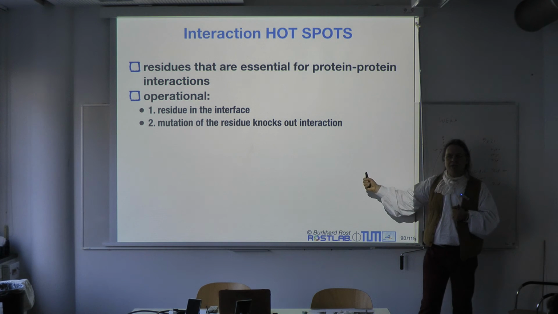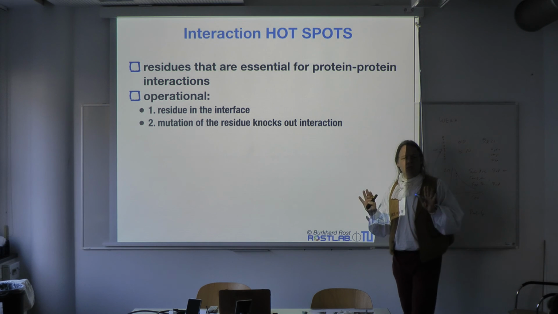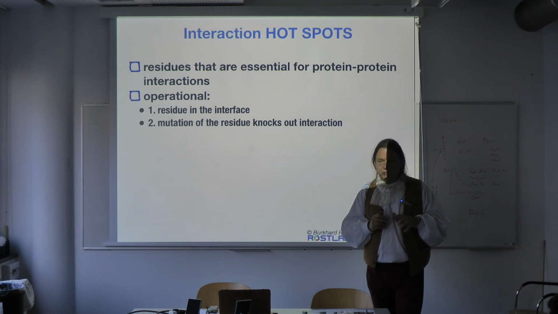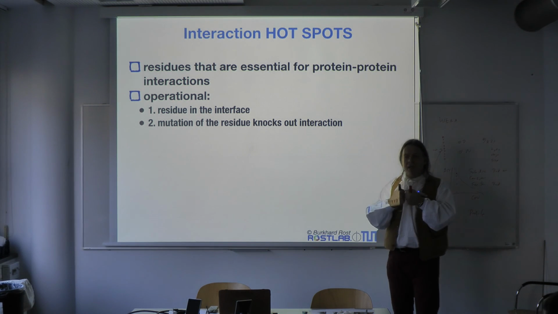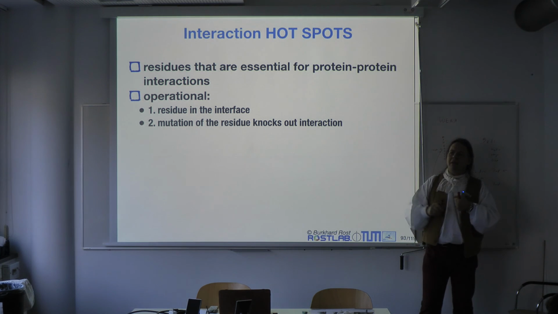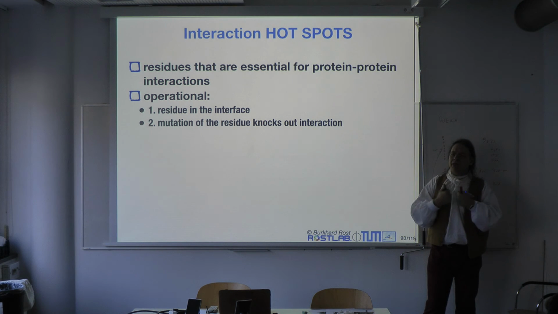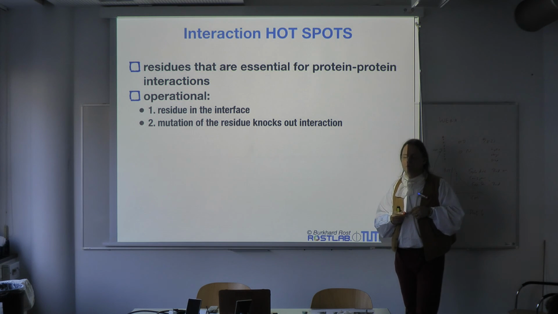And in some of those cases, something such as half of the entire energy of the binding is carried by one single residue. Now that's what people refer to as hotspots. And they are important for drug development, because this is what is targeted. If you want to have a drug bind to that protein, you're going to try to have the drug exactly in this main binding site. If you want to avoid that protein A interacts with protein B, you want to put your drug into the binding site. And you want to first target the hotspot. Right? So that's why the hotspot is so important for that.